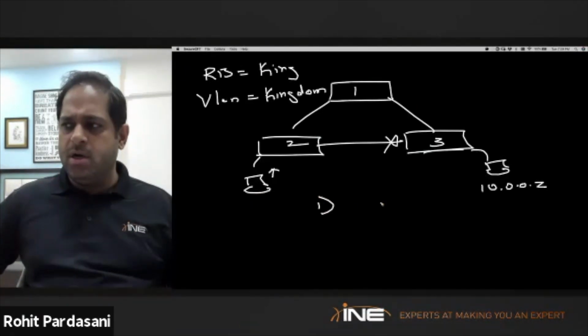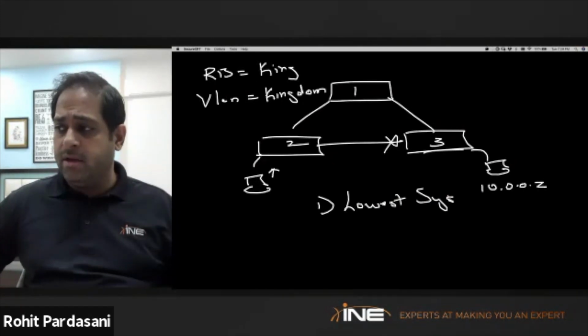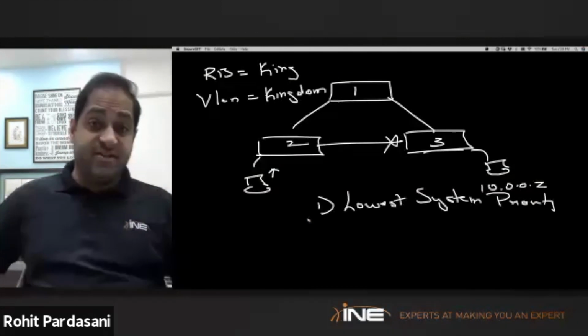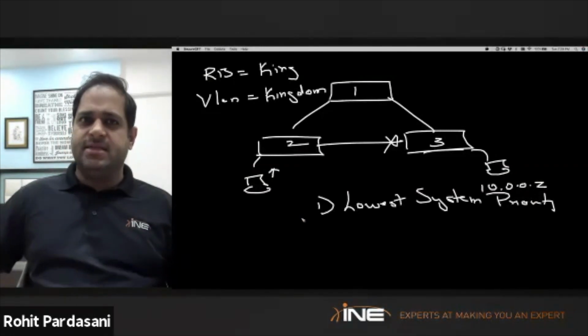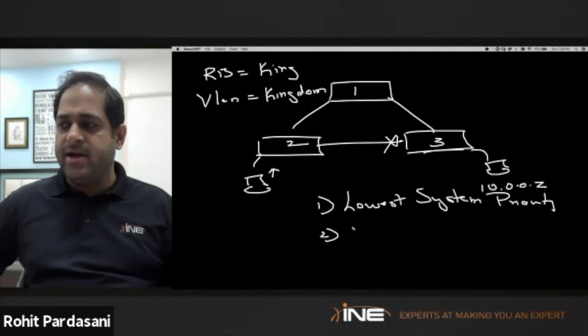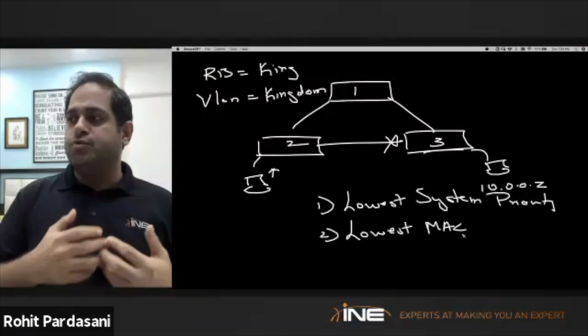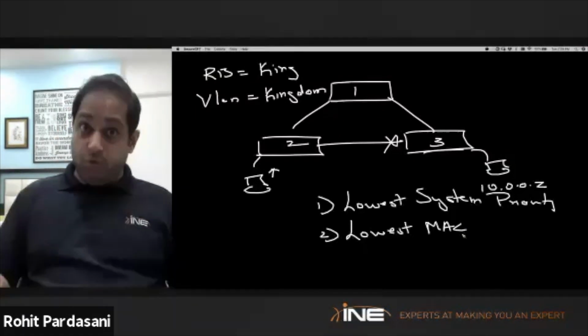The first one is lowest system priority. That's the first criteria. If that is the same, it goes to the next criteria, which is lowest MAC address. So two criteria or two selection rules.